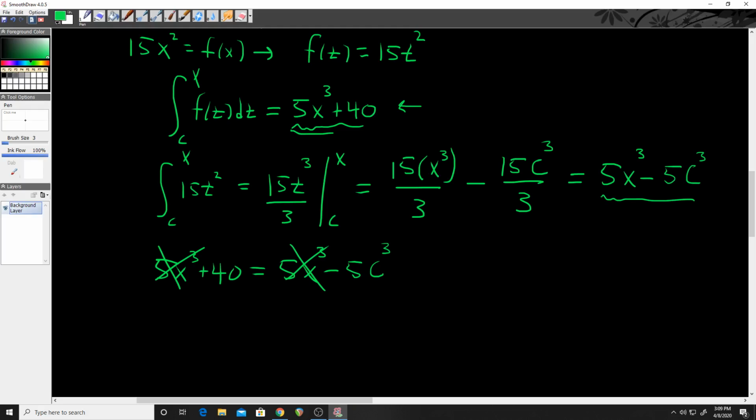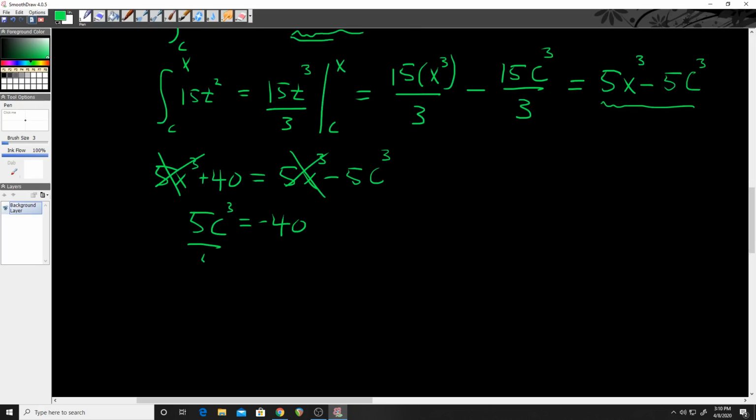If I multiply both sides by a negative, I get 5c cubed equals negative 40. From here, if I divide both sides by 5, I get c cubed equals negative 8. And then if c cubed equals negative 8, that implies directly that c has to be negative 2.